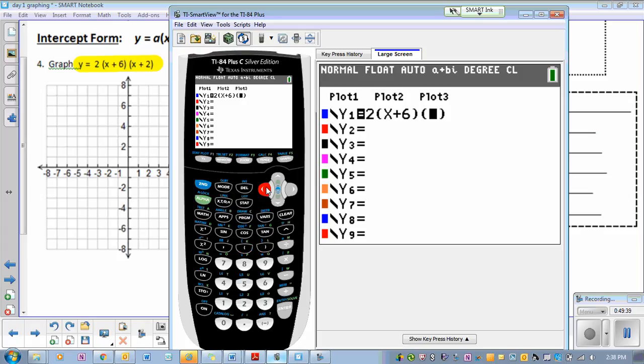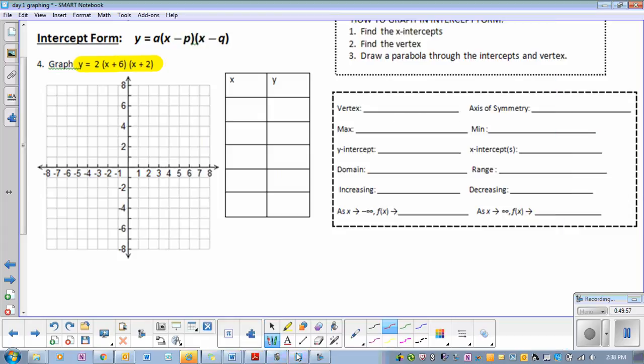And it should all work, unless you don't put it in the calculator correctly. Alright, so tell me something. What is the one thing that I know for sure, always? Domain. Let's fill that in then.